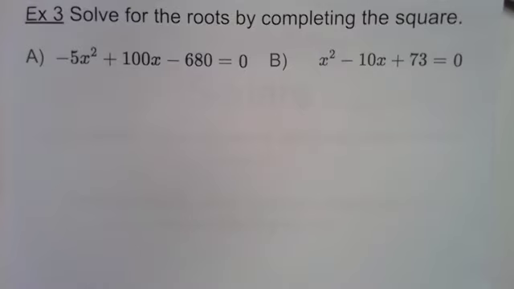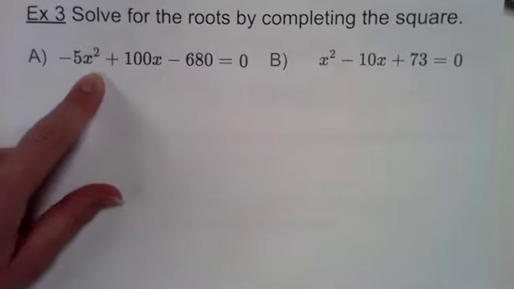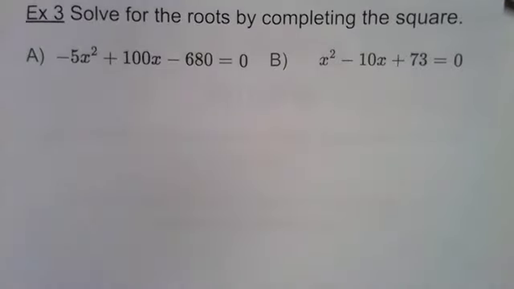Okay. Letter A, we have negative 5x squared plus 100x minus 680 equals 0.